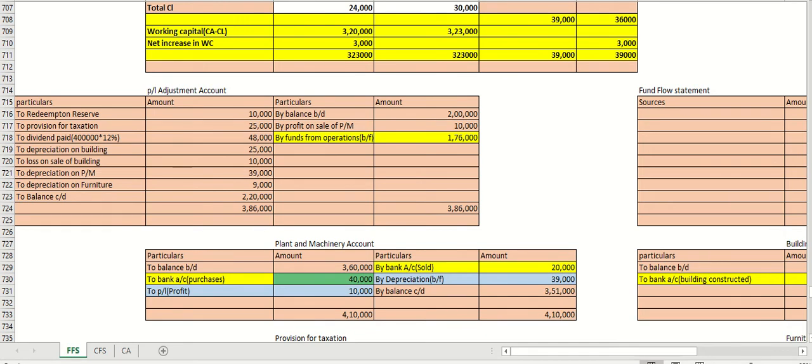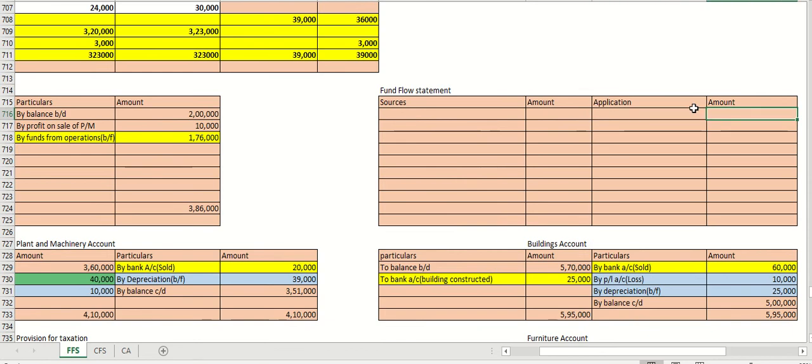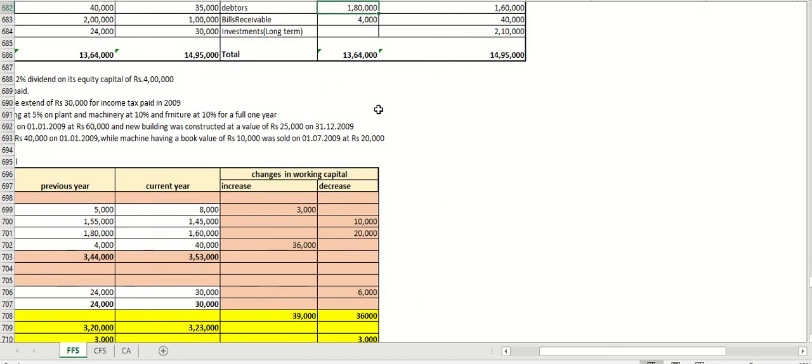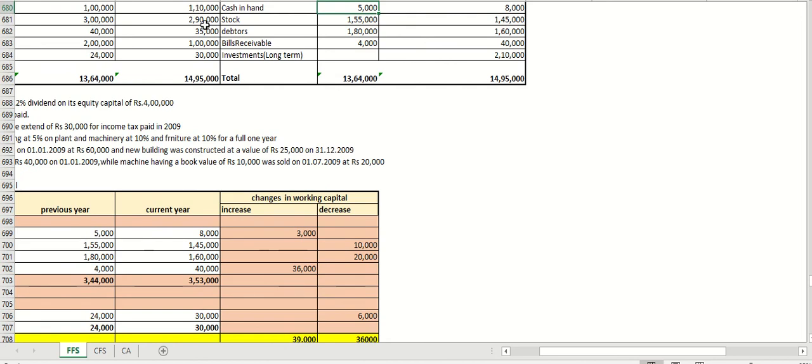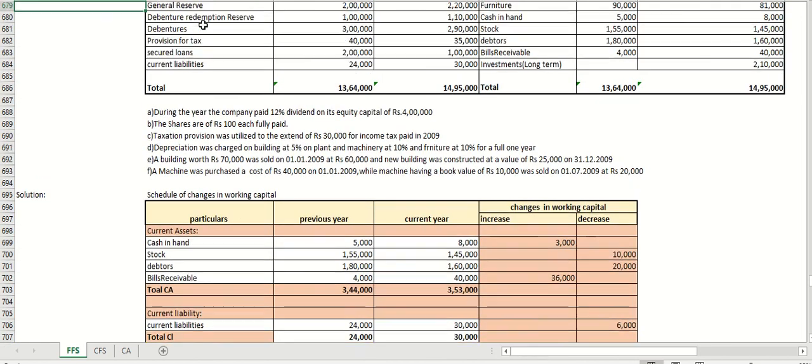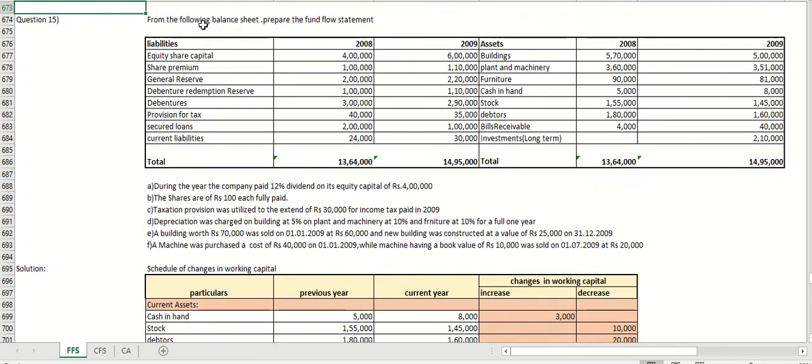Now let's move on to the preparation of the fund flow statement. From the following balance sheet, prepare the fund flow statement.